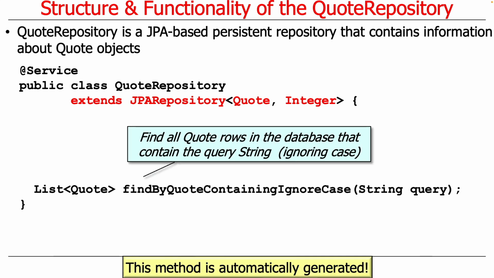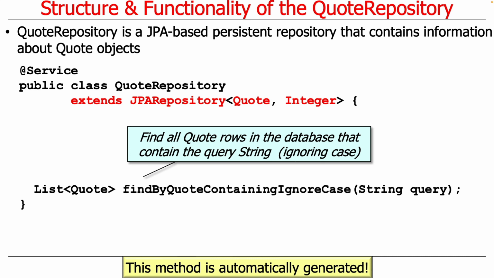So this method here, find by quote containing ignore case, this method is automatically generated. And this is the absolute magic of the JPA. So if you're in the IDE, if you're in IntelliJ IDE, and you start typing stuff like find by, you can basically have it auto-expand to tell you what it can handle, and it will then automatically generate this method. Now, there's a bunch of methods that come out of the box from JPA repository, but this is one that we define that is specifically going to be used to find all the quote rows in the database that contain the query string while ignoring case.